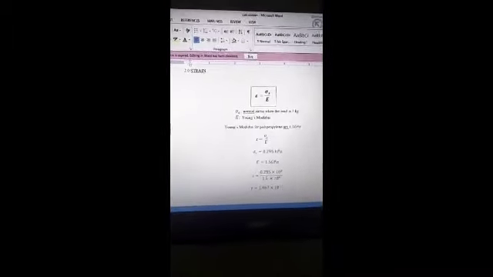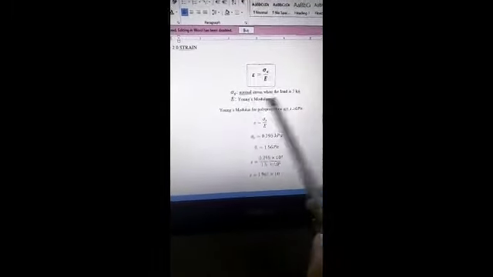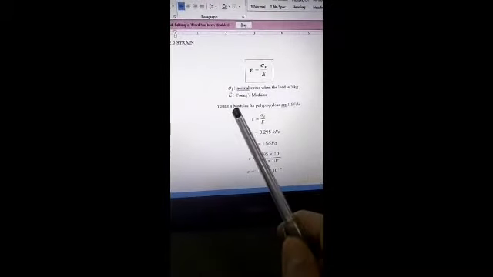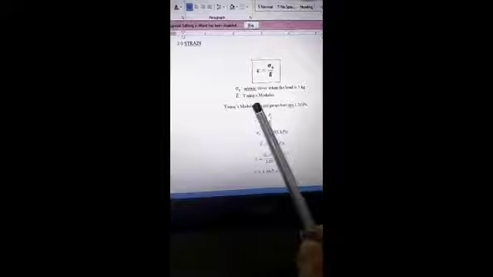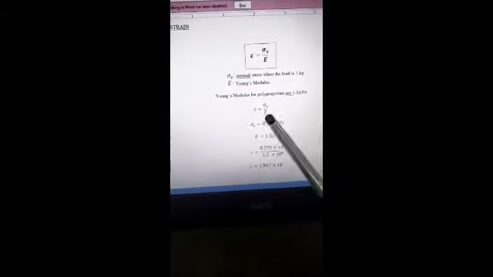Second, to find the strain. To find the strain, this is the formula, and for this is a normal stress when the load is 5 kg and divide by Young modulus. So for the Young modulus, we use polypropylene of 1.5 gigapascal.